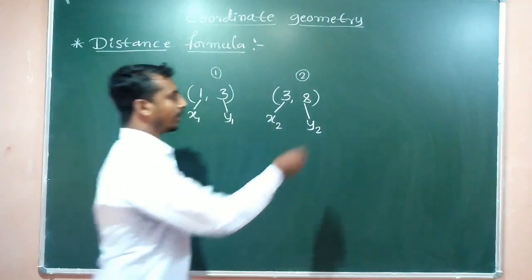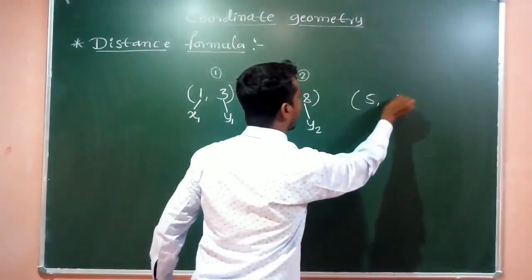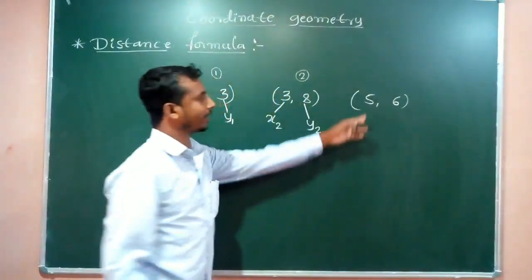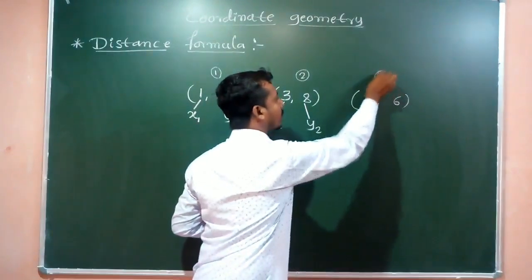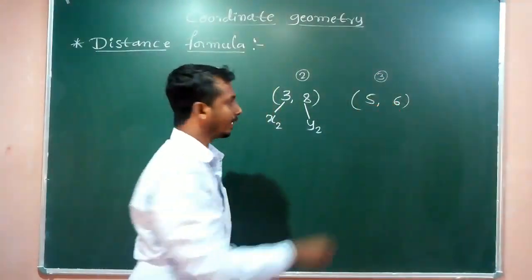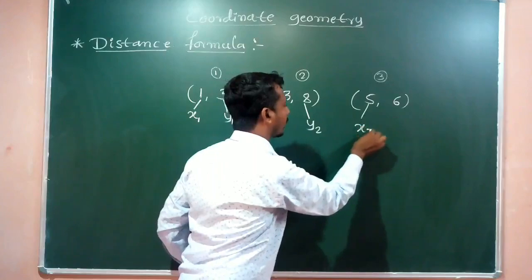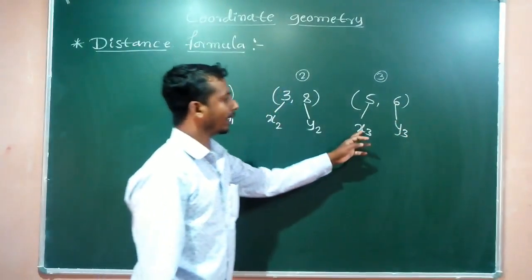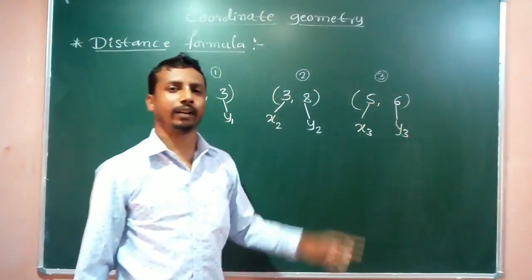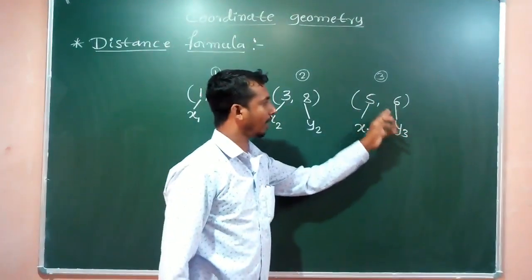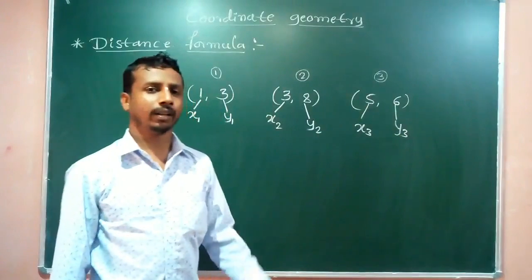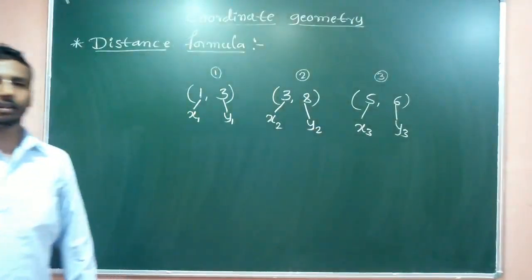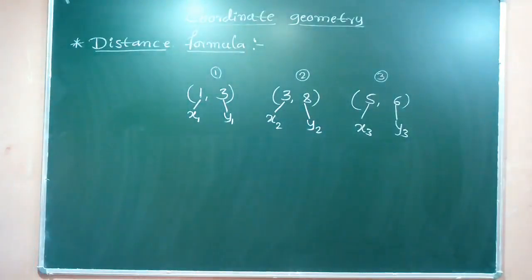For example, if they give a third point (5, 6), its coordinates are denoted by x3, y3. Like this we denote the coordinates of the given points.